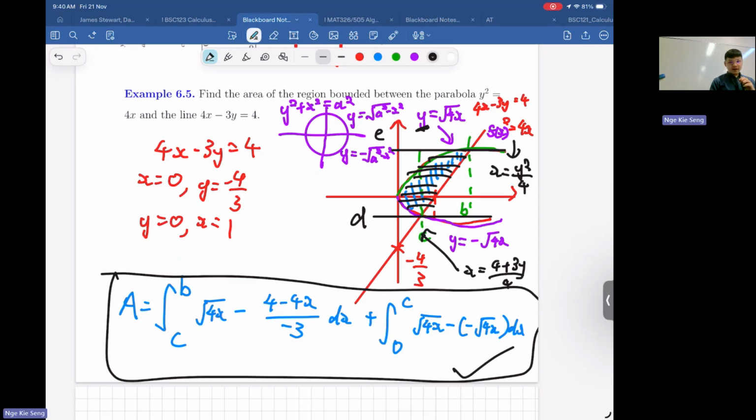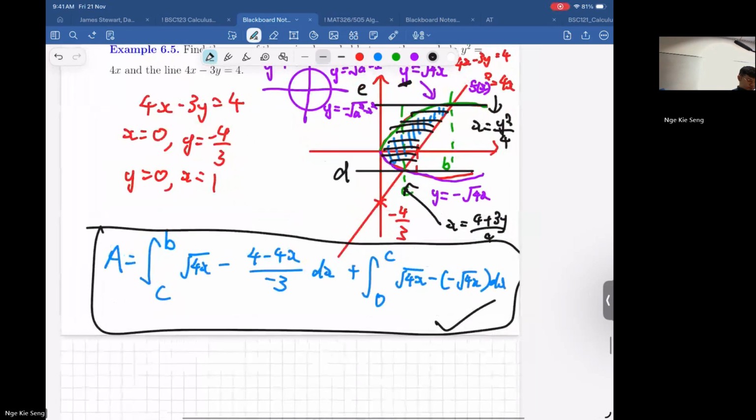So we want to find their intersection. Let's find the intersection point. Can you calculate it?